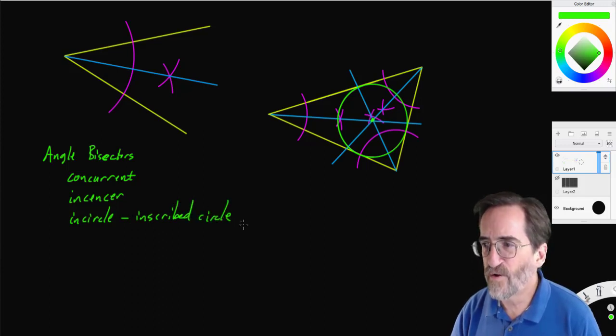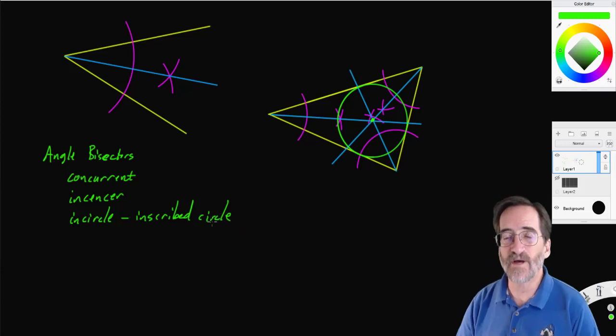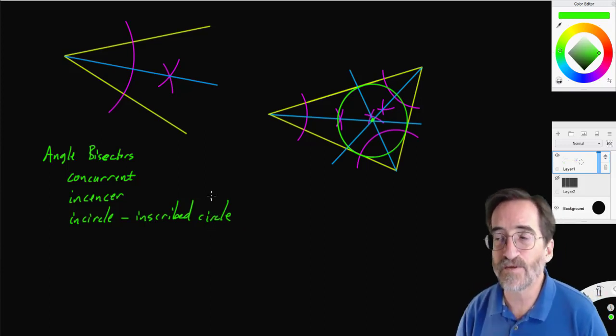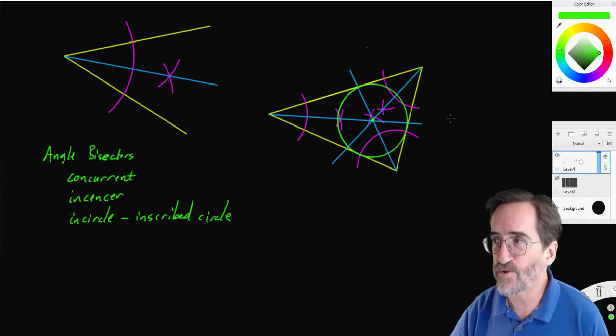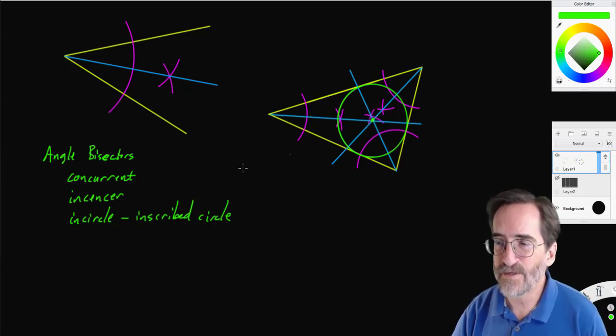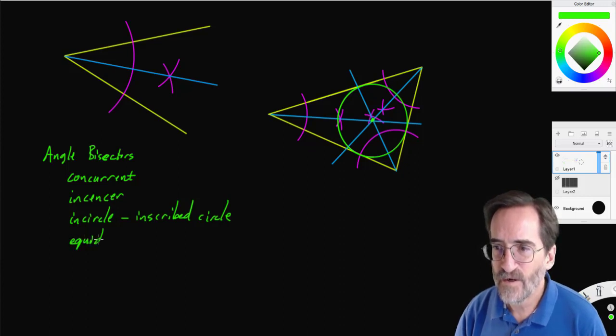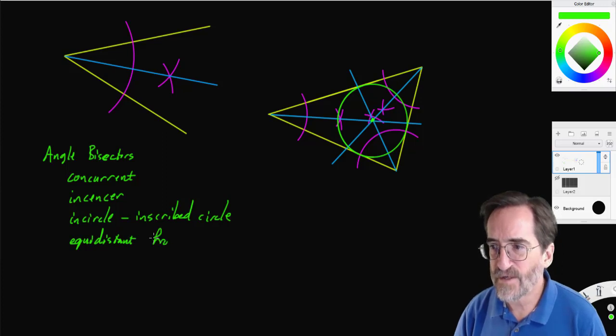You recall the perpendicular bisectors met at the circumcenter, which is the center of the circumscribed circle. That's the circle that goes around the whole triangle. This circle goes inside the triangle and is inscribed in the triangle. It just touches the edges. And as such, a circle is all points equidistant from one point. That means it is equidistant from the sides.